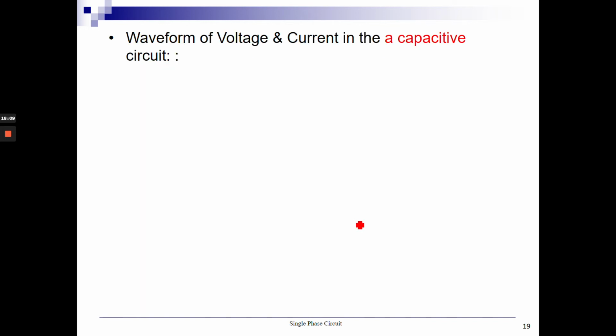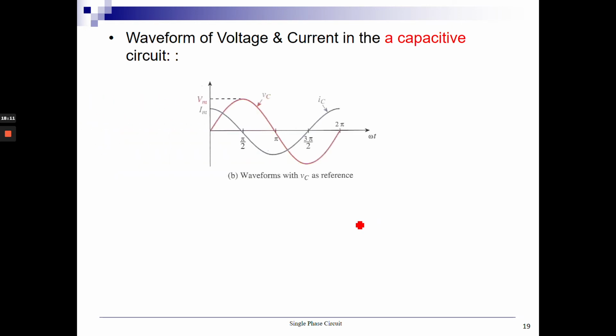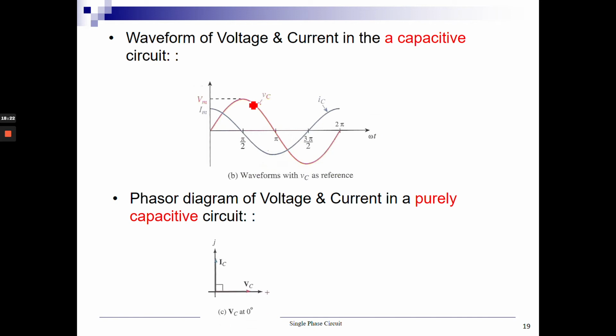So this is the waveform of voltage and current in a capacitive circuit. So you can see here, current leads voltage. Okay, so this is the phasor diagram. So current leads voltage by 90 degree.